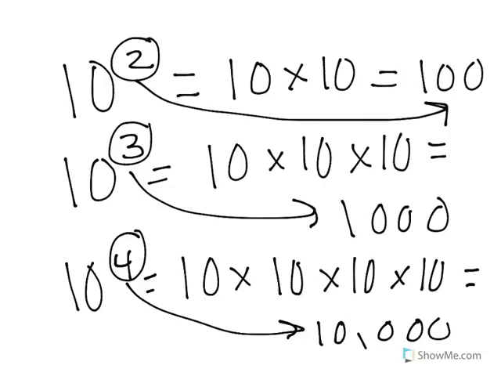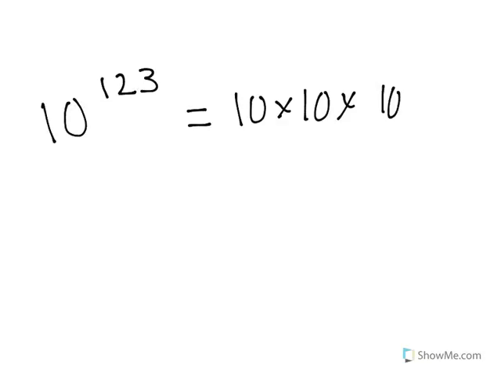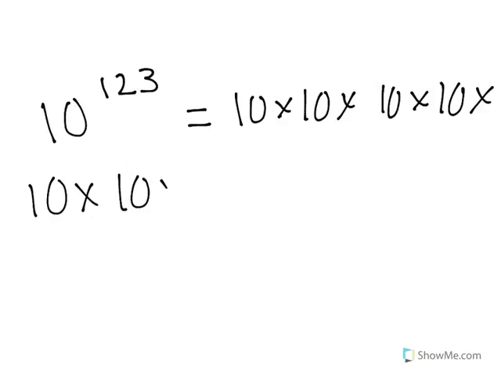So in the case of 10 to the 123rd power, that would mean 10 times 10 times 10, and I would write this 123 times.